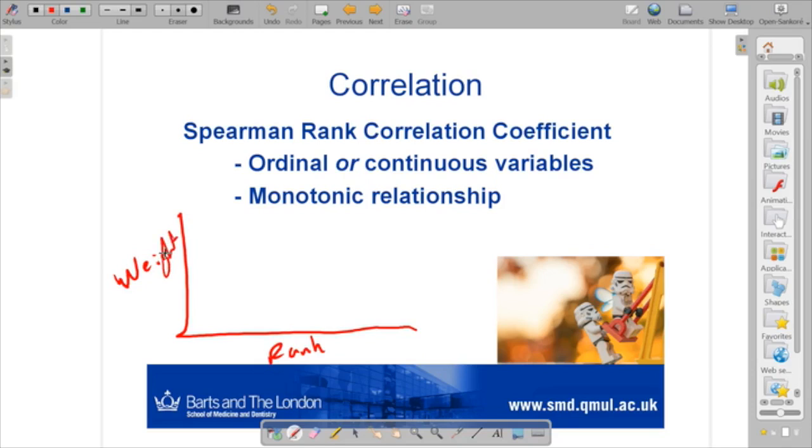You can also use Spearman rank with two continuous variables. It has slightly less stringent assumptions when compared to the Pearson product moment correlation coefficient. But very typically you will use Spearman rank when at least one of your variables is an ordinal category.